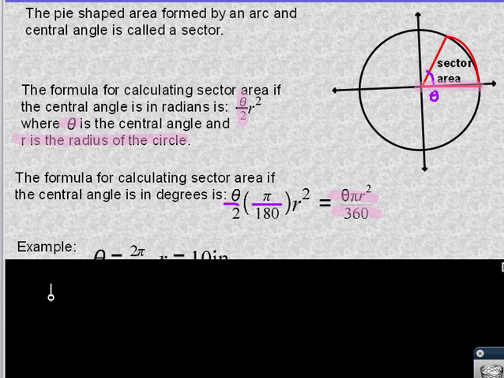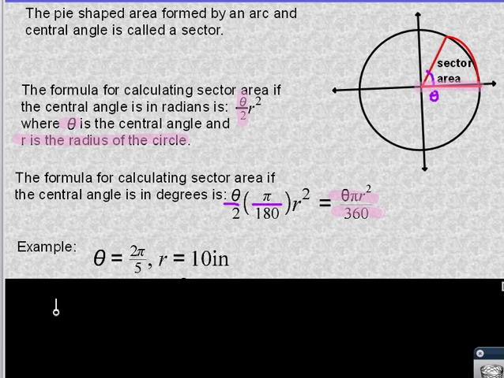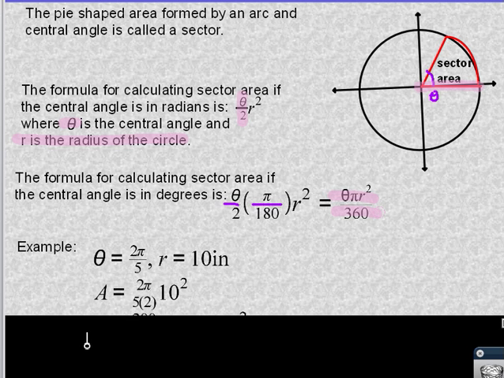Example. So I have a theta or an angle 2 pi over 5. My radius is 10 inches. Plug them into the formula. So what did I do here? This essentially is just theta times 1/2.